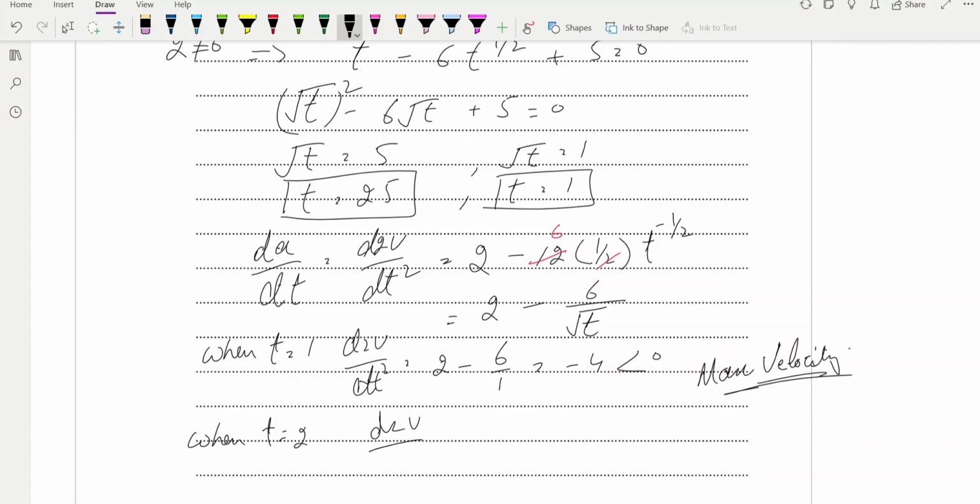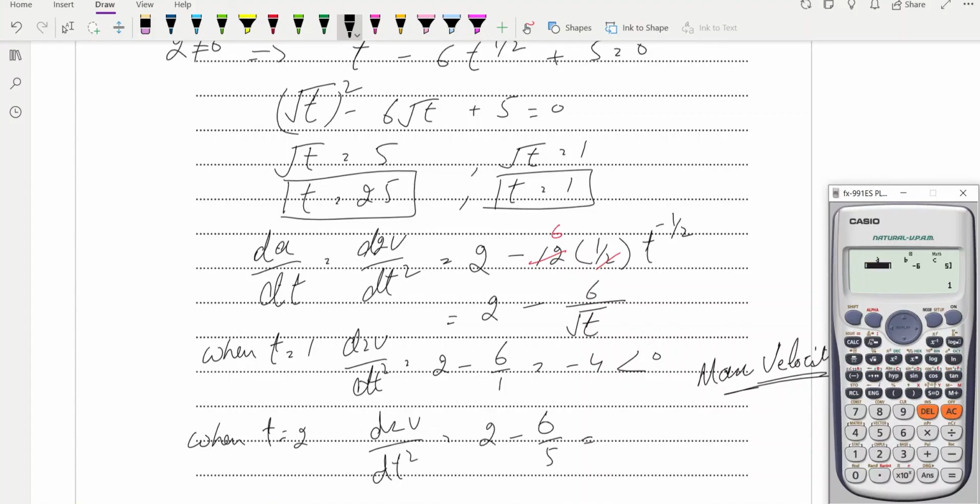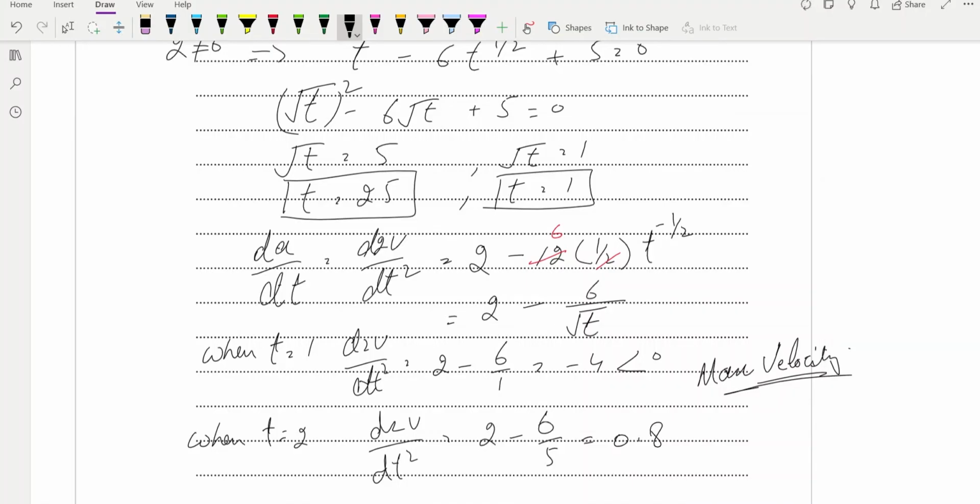So the second order derivative will be 2 minus 6 over 5, and this is equal to 0.8, which is more than 0. So this will be minimum velocity.